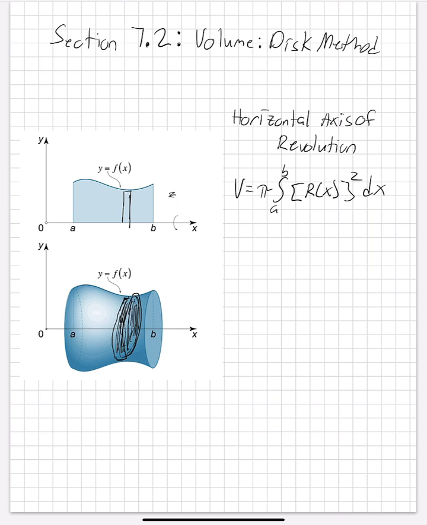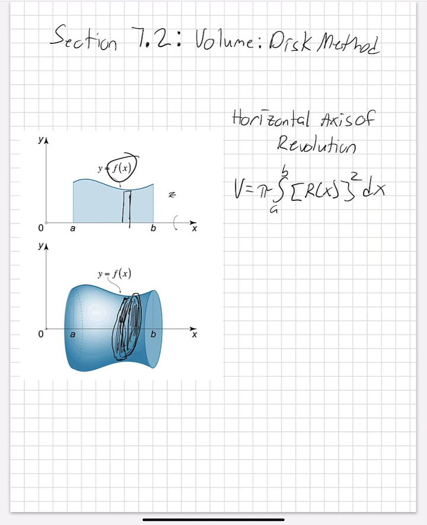Capital R of x is just the function, but there's a reason that we call it capital R, which we'll talk about in just a minute. So when given the horizontal axis of revolution, like rotating around the x-axis, then we use this formula.